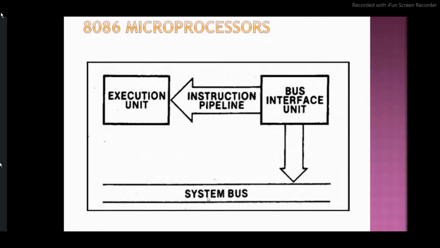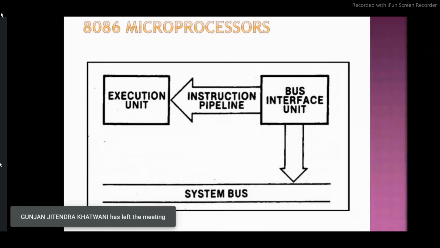All the data, information and instructions go through the instruction pipeline to the execution unit. The bus interface unit is also connected to the system bus.